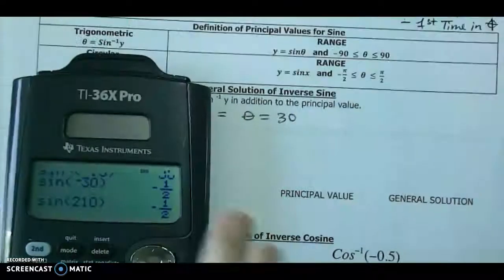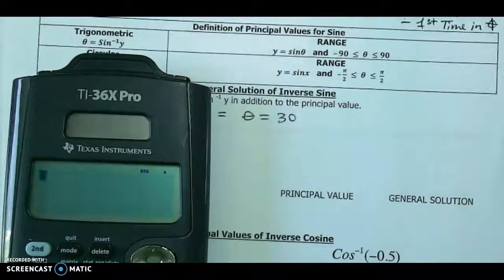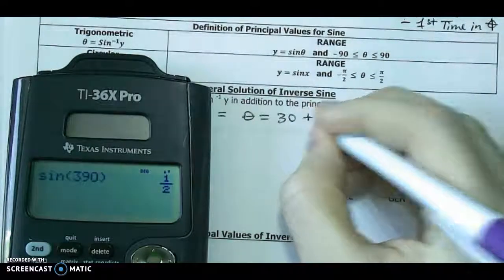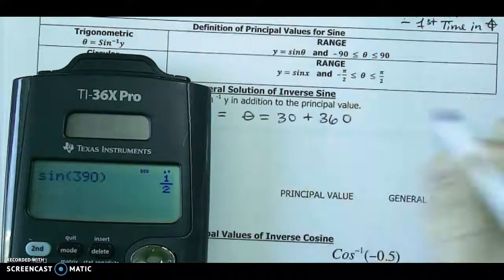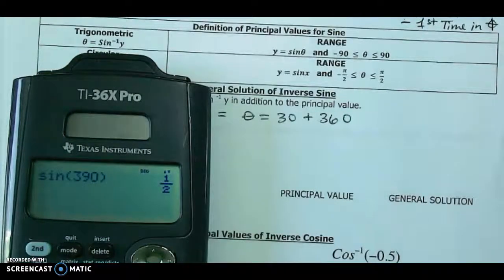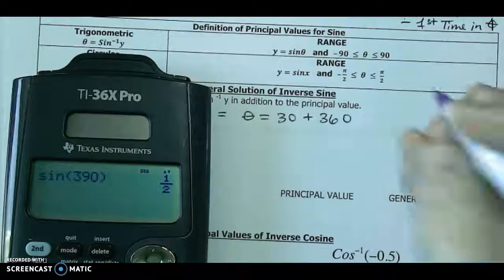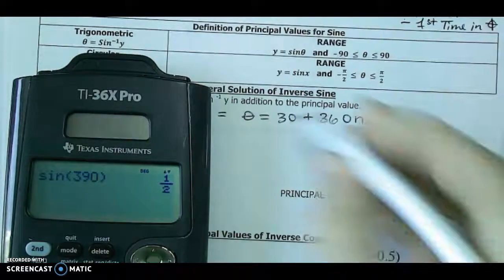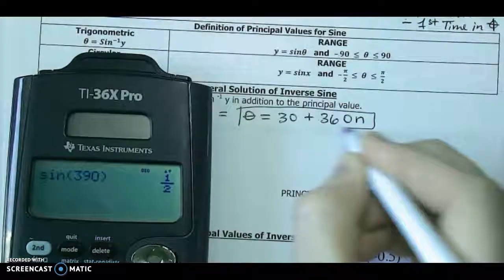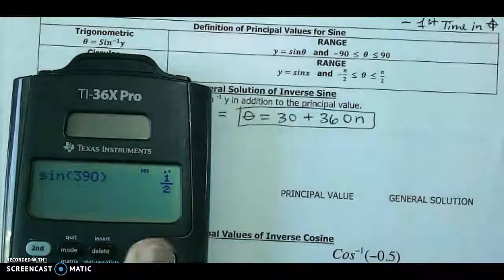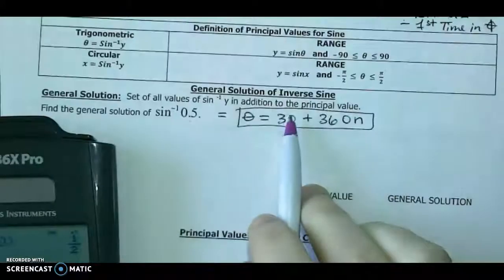So for example, if I add 360 to 30, I get 390, that also should give me positive 1/2. So 30 plus 360 also works, and I can keep adding 360 and still get values of 1/2. So we're going to put 360 in. So that is a general solution for all of the sine values that will give you positive 1/2.